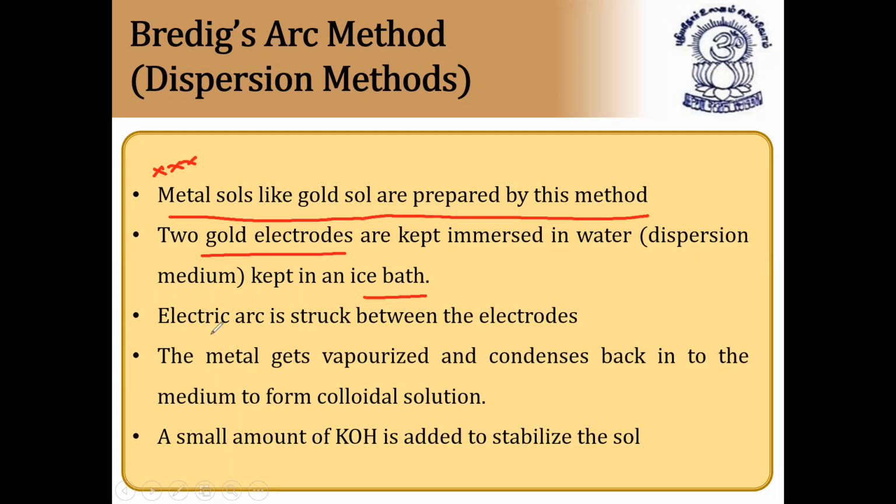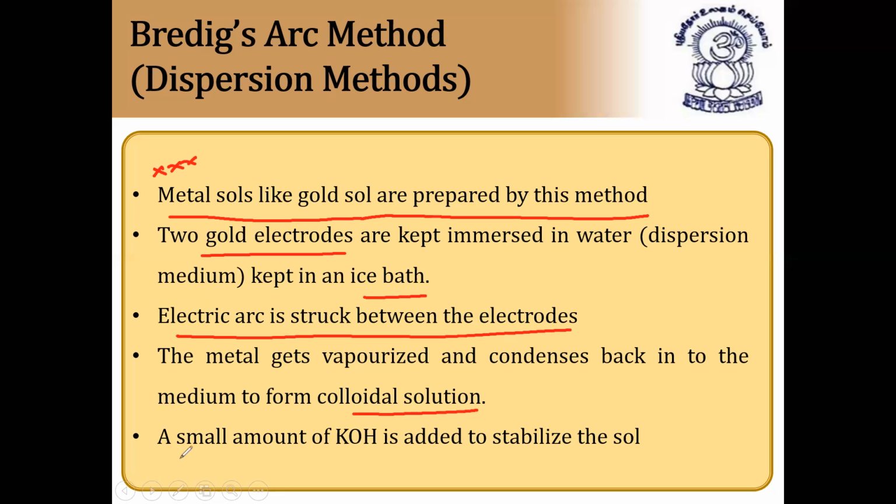An electric arc is struck between the electrodes, meaning the two electrodes are connected to a battery and current is passed. The metal gets vaporized, and the gold vapor condenses back into the medium to form the colloidal solution.